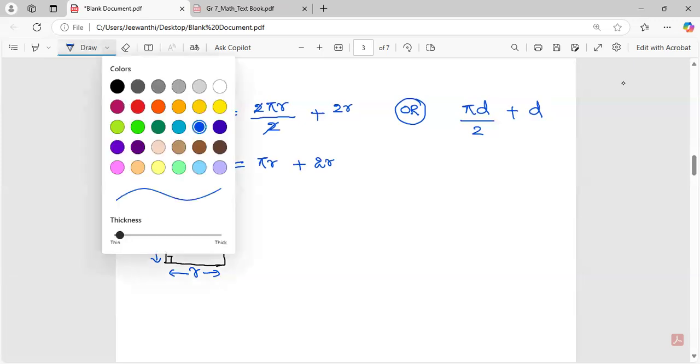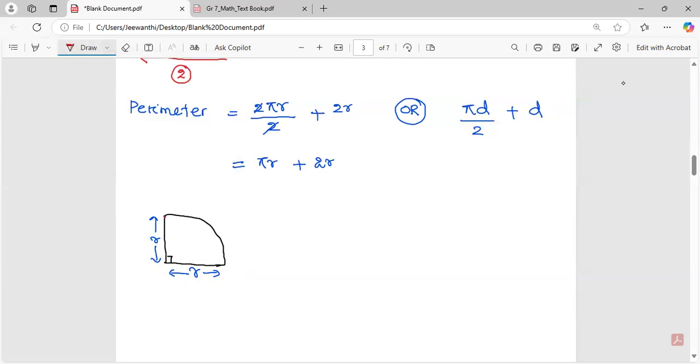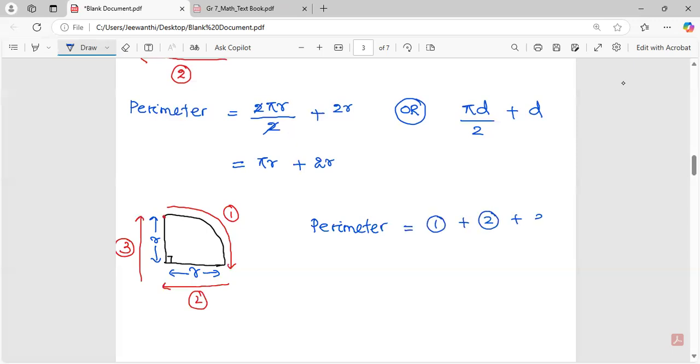I start from this corner and go along this curvy path, then along this, then along this. First step, second step, third step, and I came back to the original place. So how do I calculate the perimeter? I add all three together: perimeter is 1 plus 2 plus 3.